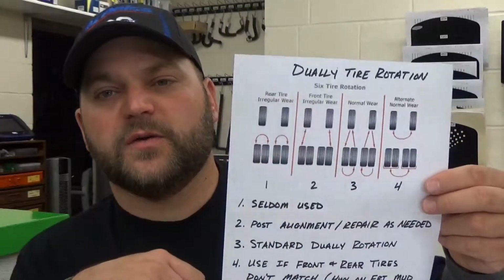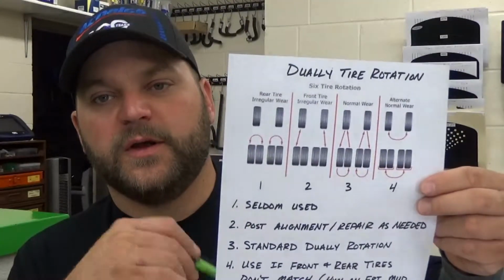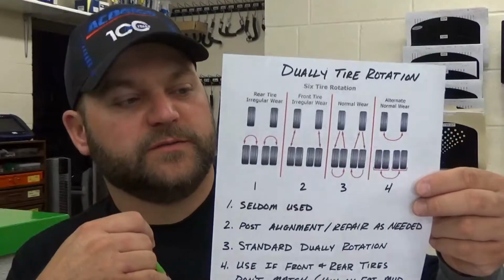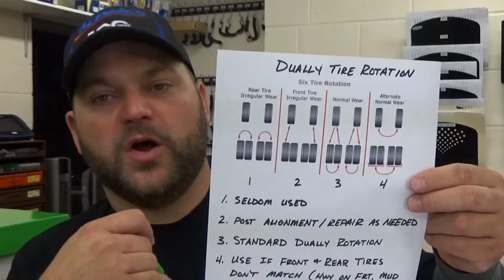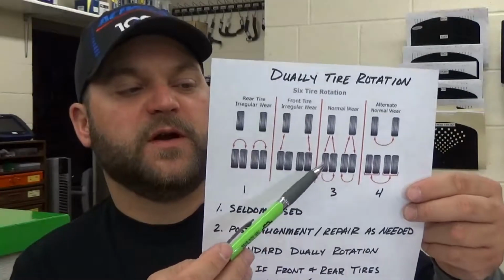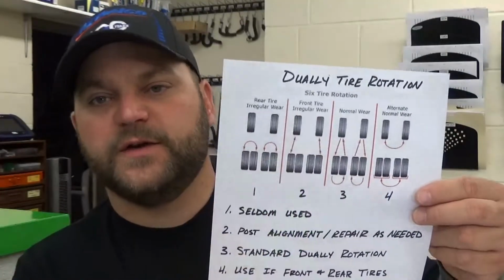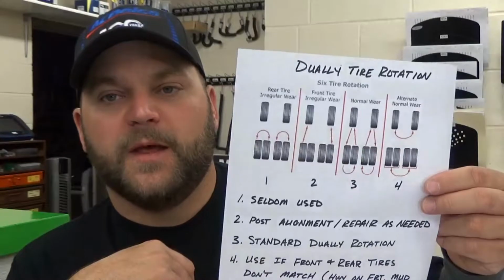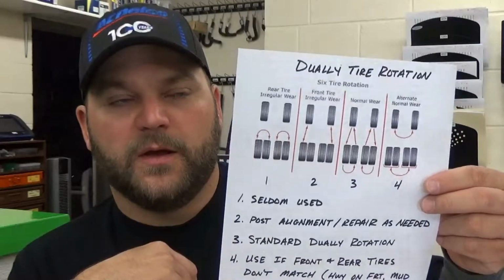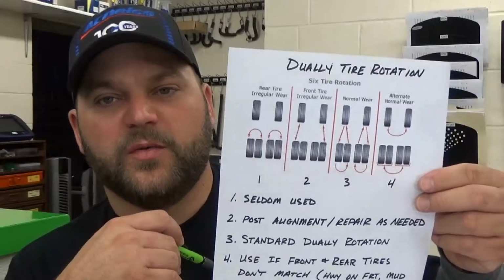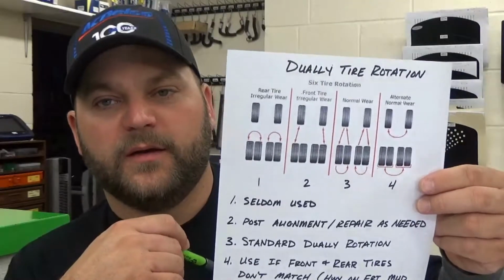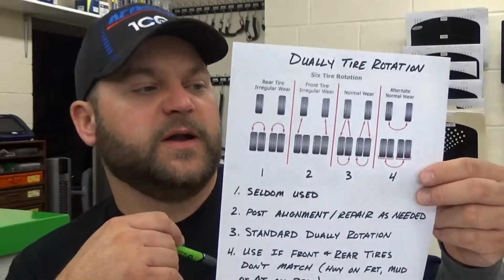The inner dual is going to remain going in the same direction, but move to a different position. One thing to note about this one is they're never crossing them across the vehicle. There could be some argument for doing that, but typically it's just not necessary.